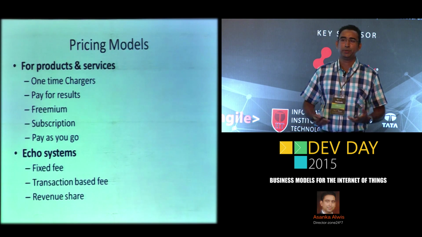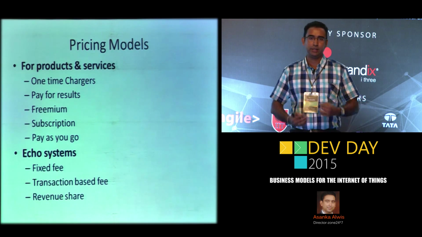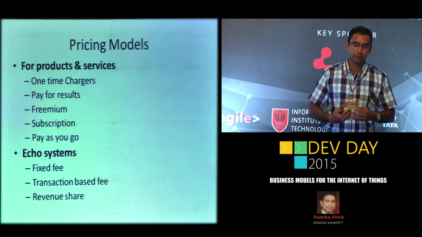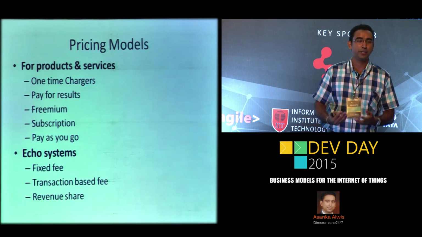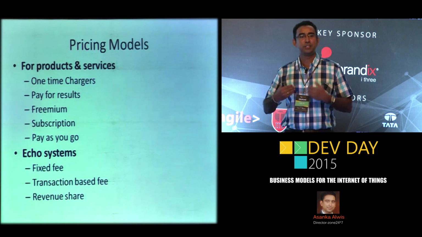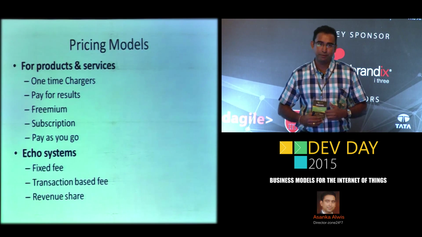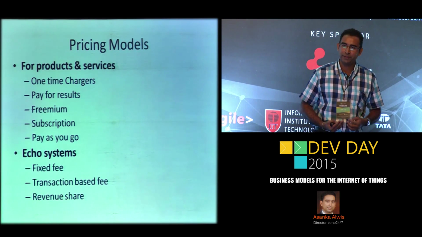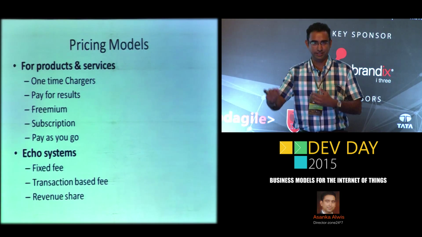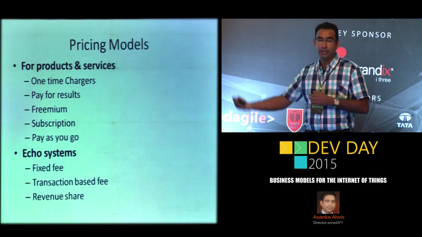When we try to project it to the customers, they don't believe they could get this much benefit, so they are not willing to invest money in it. But when they start using it, they will realize, okay, this is really good, this gives me benefits, and this gives me more profits. By that time, you can start charging them. So it's an easy way to get into the market.